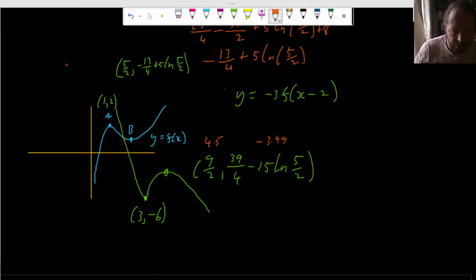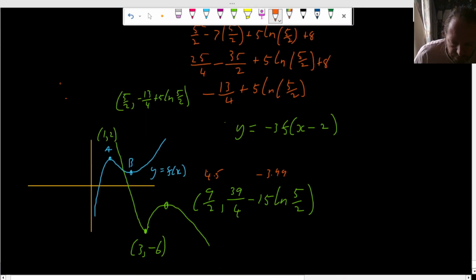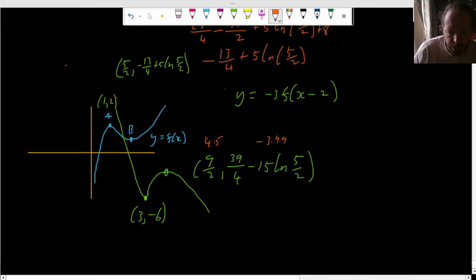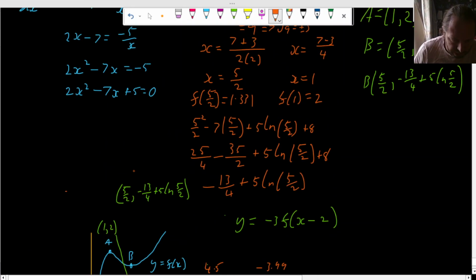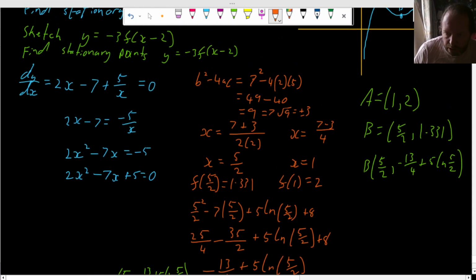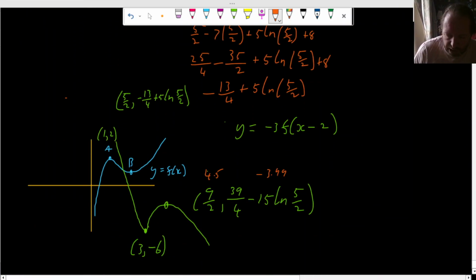I think that's everything they wanted in the actual question: find the stationary points of them. Okay, so just a case of using your logic and your graph knowledge to pull those informations out. My graph is not very good, it must be said, but it's drawn there now. Did they want us to find where the graph crosses the x-axis? I'm just going to check to see if they wanted that.